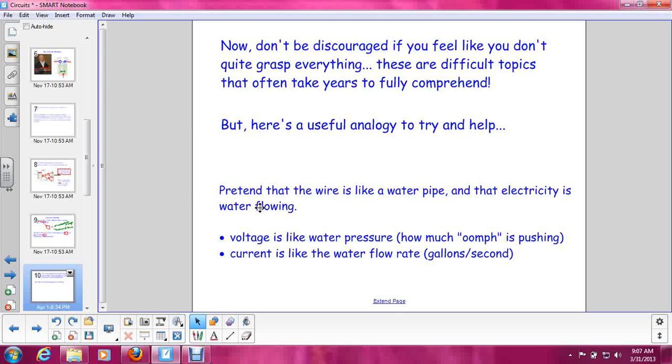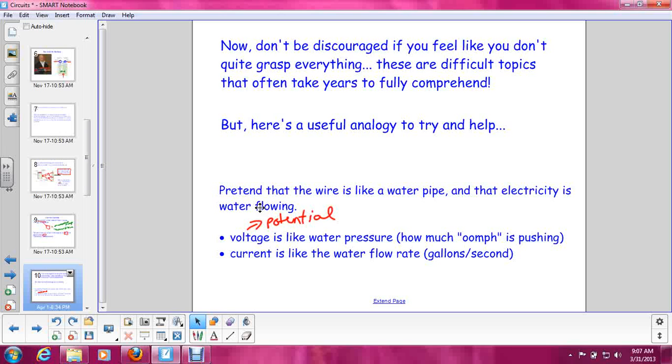The voltage, or potential, is how much water pressure there is, or how much oomph is pushing that. The more potential you have, the more oomph you have pushing it. There will be more of a push. So if we have a 1.5 volt battery, that's not going to have a whole lot of oomph.